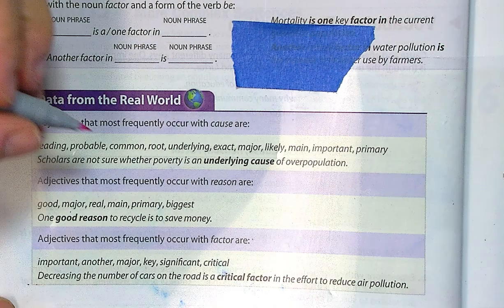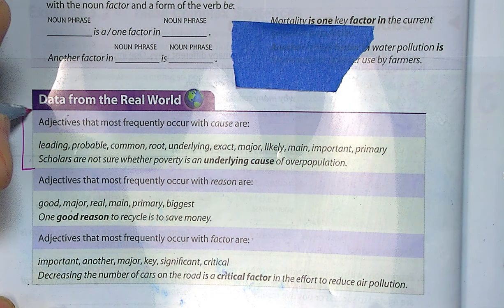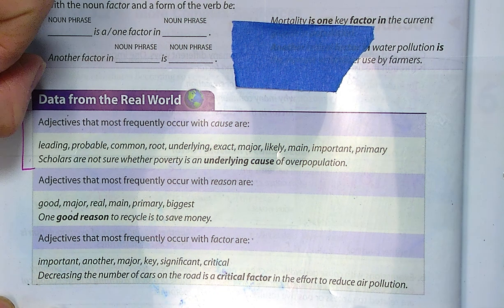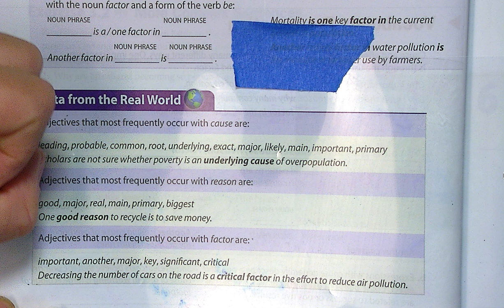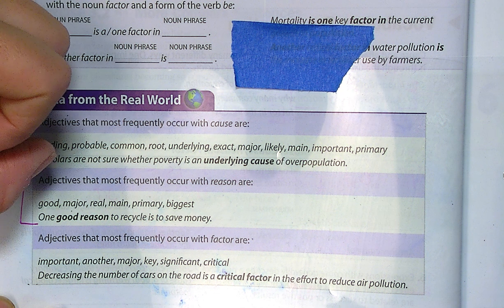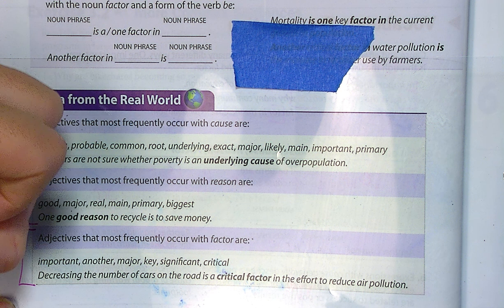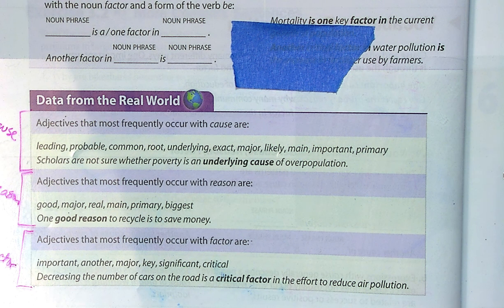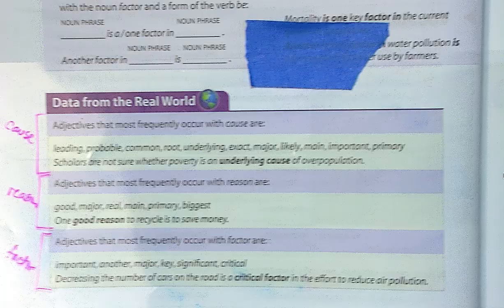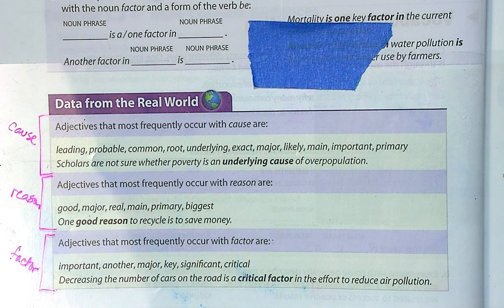So we actually have 3 different chunks here. These are with the word cause. These are with the word reason. And these are with the word factor. Cause, reason, and factor. So we have 3 different parts.